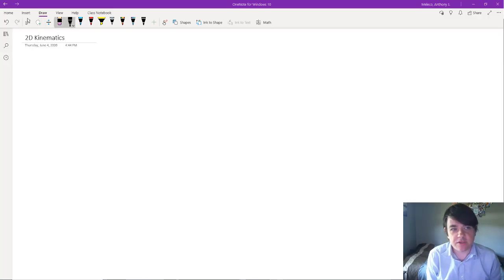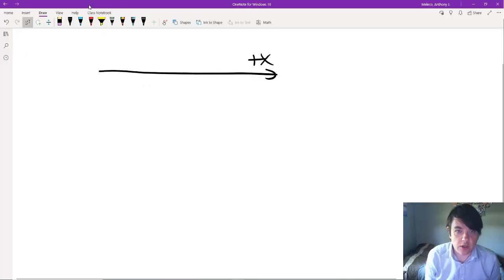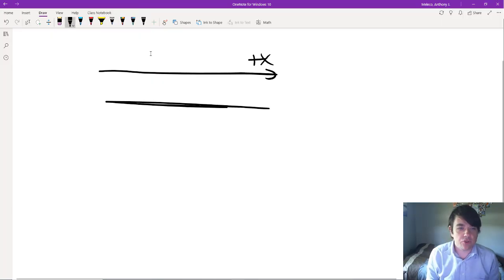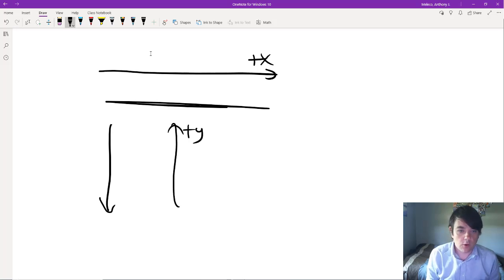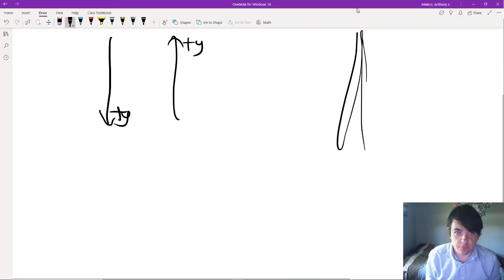So in this video we're going to talk about 2D kinematics, or 2D motion, the study of 2D motion. What we've done so far, we've looked at two different dimensions. We've looked at motion in the x direction, typically left to right, so we've been going back and forth like this, and we've seen motion in the y direction, where we've defined both up and down as positive, just to show you different coordinate systems, but we've been primarily moving up and down.